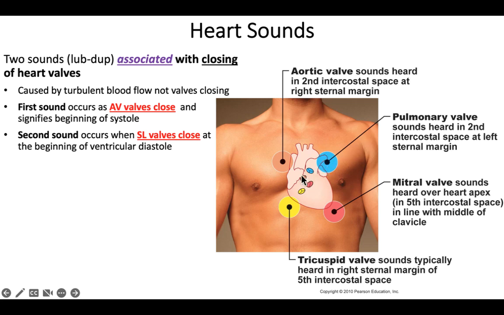The aortic valve, because of its position here, the sound emanates off that valve, and we listen on the right of the sternum at the 2nd intercostal space. So these are the locations where, if you're going into nursing and medicine and part of your job is to listen to the individual valves for any kind of valve anomaly, that's where you would listen.